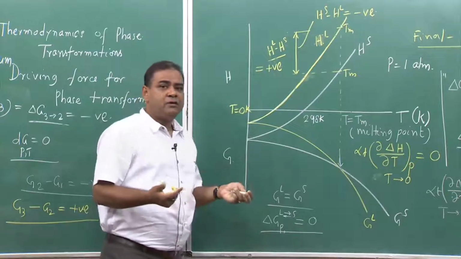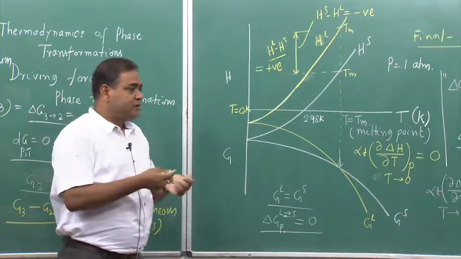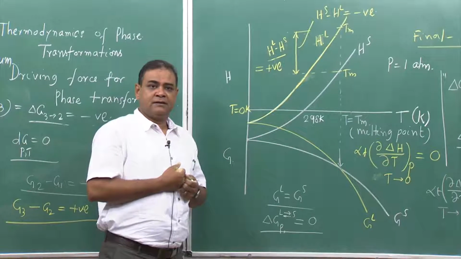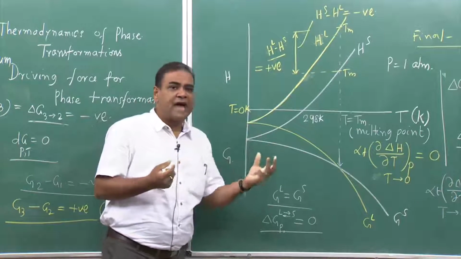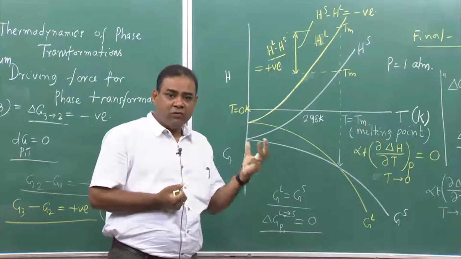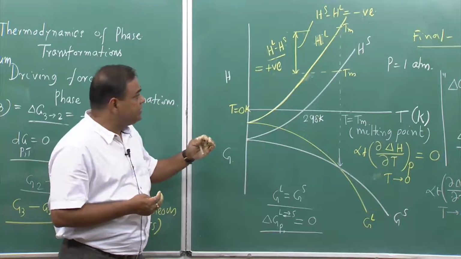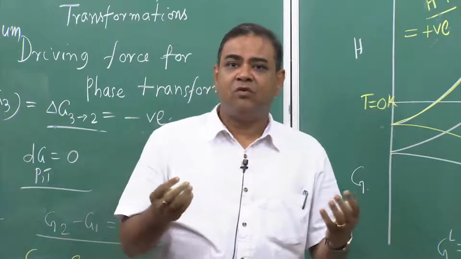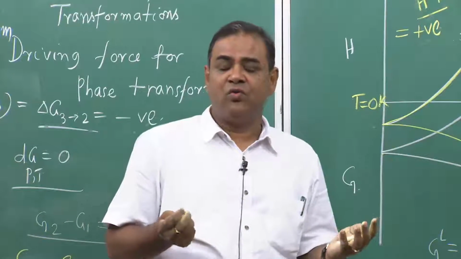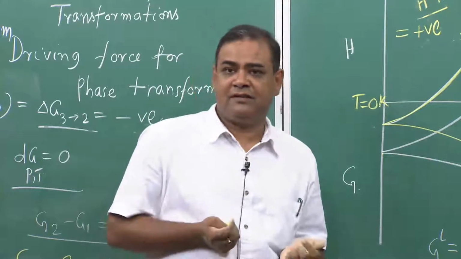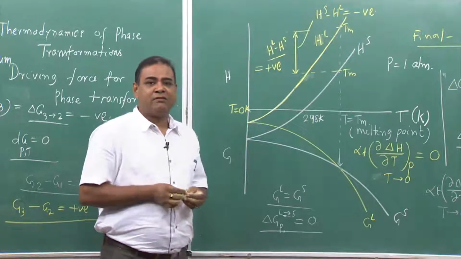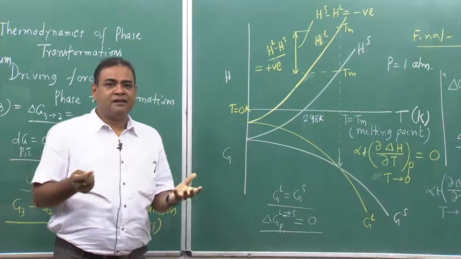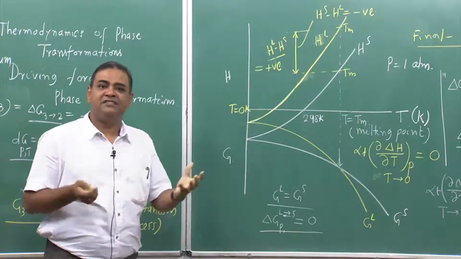Now, as per our understanding, when we have a melting, we absorb heat. Okay? So, that means solid has to absorb heat, and when the system absorbs heat, that means the liquid is forming from a solid, it has to take heat. Whenever a system absorbs heat, we call it an endothermic process. Now, in our sign convention, for an endothermic process, the state function change is a positive quantity.